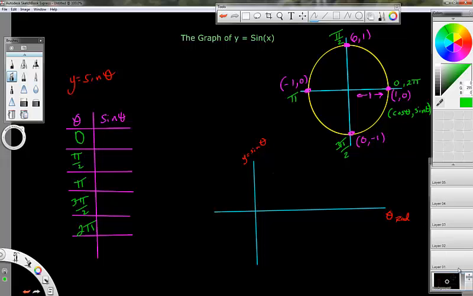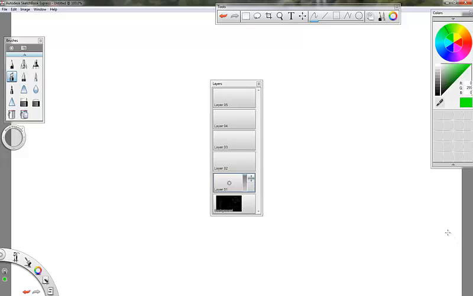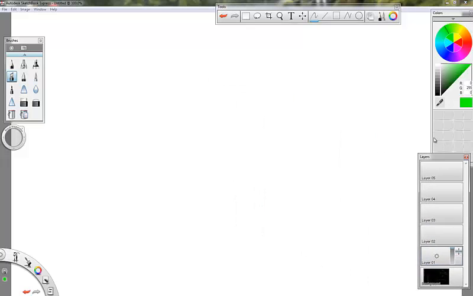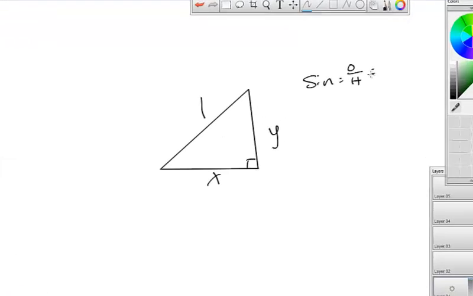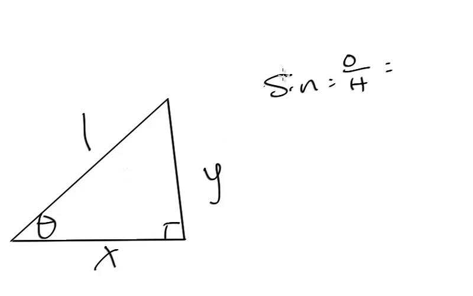If you don't remember that, let me take you on a little mental journey back in time to show you that one more time. So I'll make a quick little diagram of this. Let's say here's our right triangle. This would equal 1, and this would be x, and this would be y. I know, it's awesome. That is a right triangle there. We remember that sine is opposite over hypotenuse, which for that angle, the sine of theta, is y over 1.